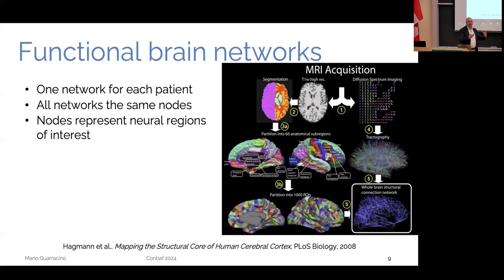So we will have a group of people that are healthy. We do the MRI, we map the signals using the atlas, we obtain the networks for those people. Then, these are the healthy, then we have another group of people, a cohort of patients. We do the same, and we try to understand what makes those networks different.